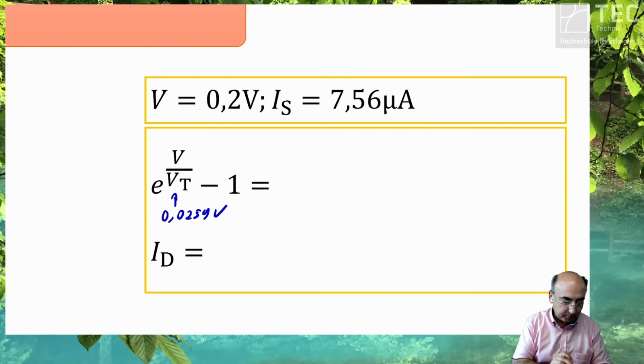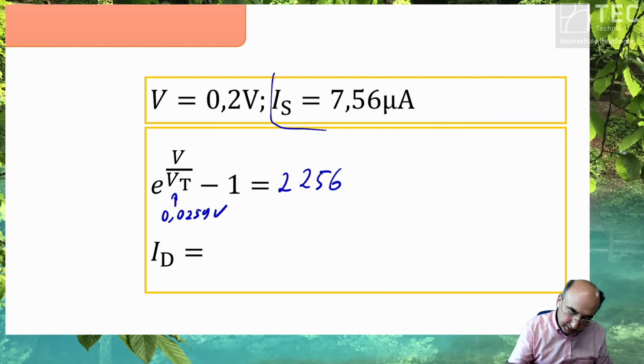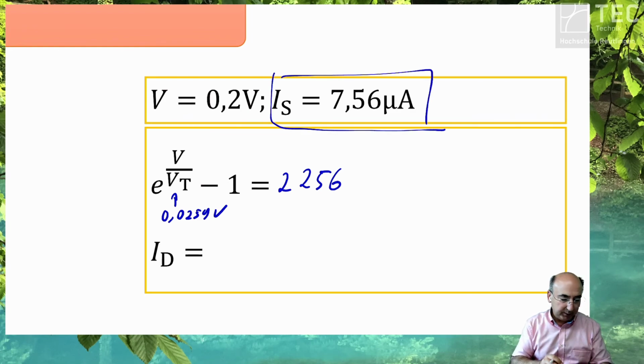Do you have the result? I have it. 2256. And due to the high number of the saturation current, the resulting diode current is 17 milliamp.